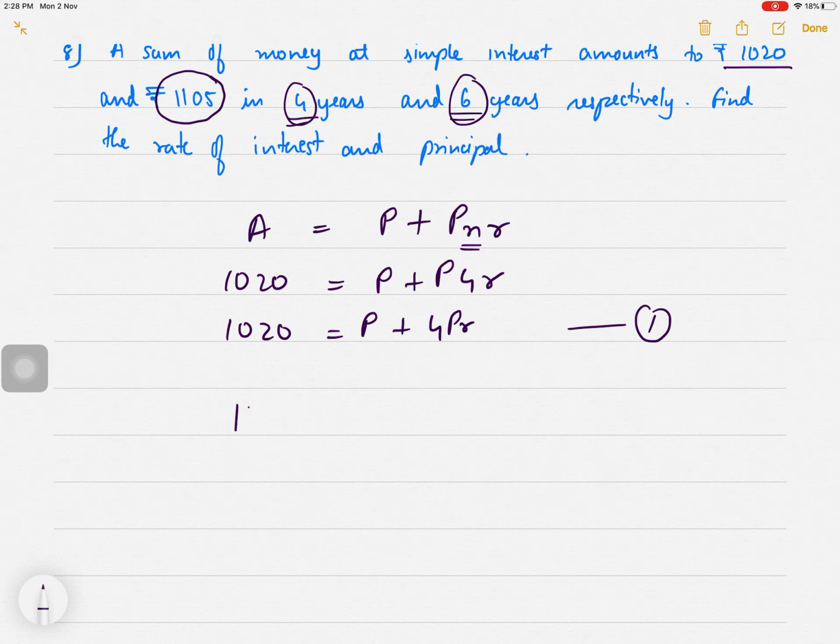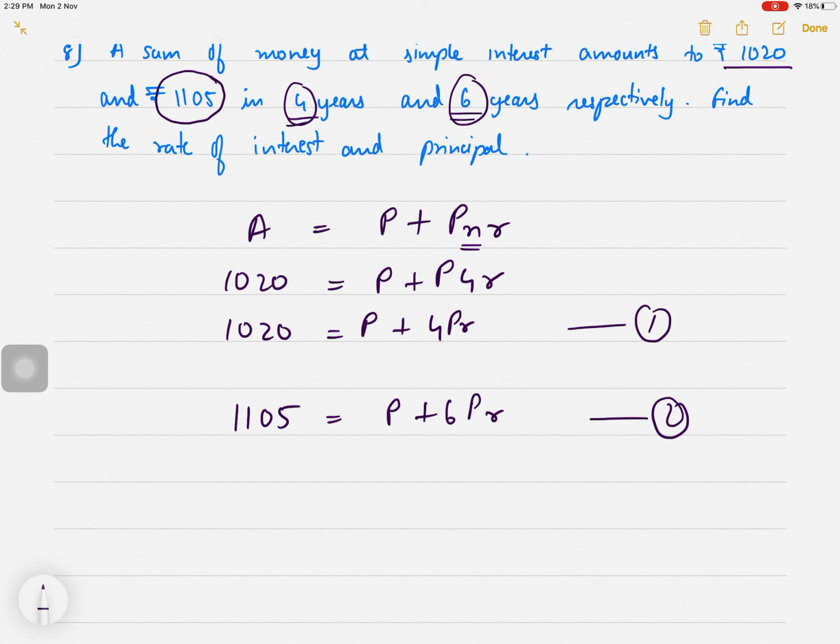So 1105 is equal to P plus 6PR. This is my second equation. Okay, so after 4 years my amount is 1020, and after 6 years my amount is 1105. So I have got two equations.